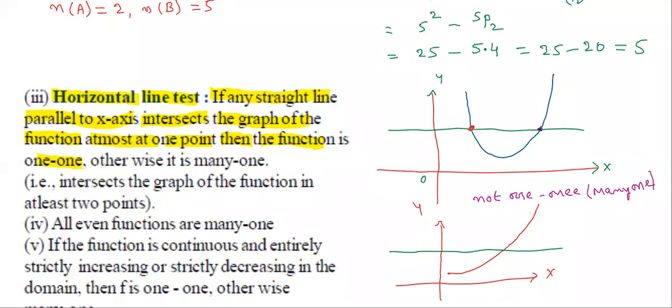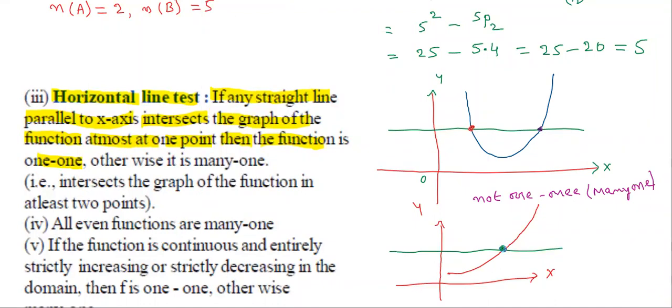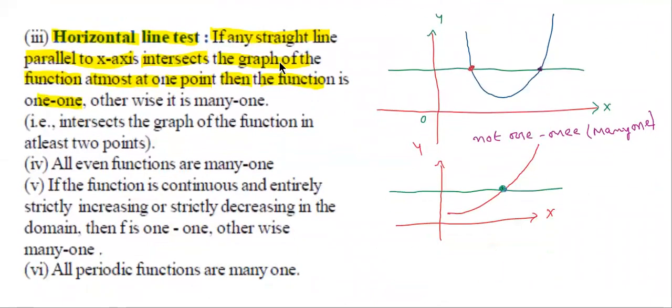Now the line is intersecting at maximum one point only. So in this case, we will say that the curve is one-one. This is one-one. Students, have you understood?